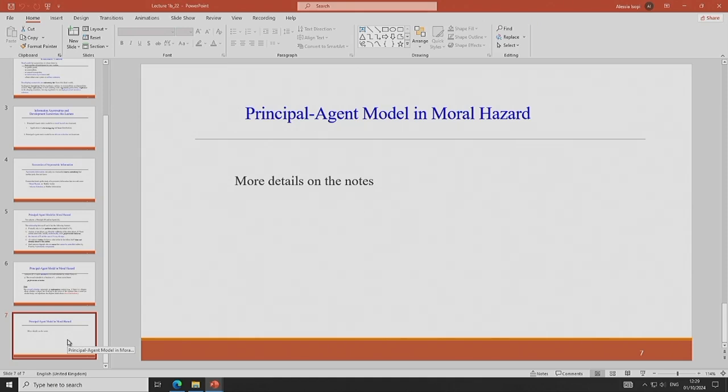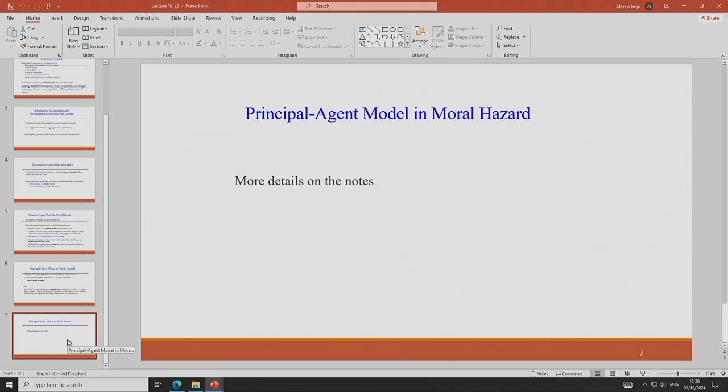Okay? Can you tell me what that means? What's the implication of that? Yeah. So the utility for the agent, if he works, should be greater than the utility if he puts no effort in. Exactly. So the rationale behind the incentive compatibility constraint is what I told you before.